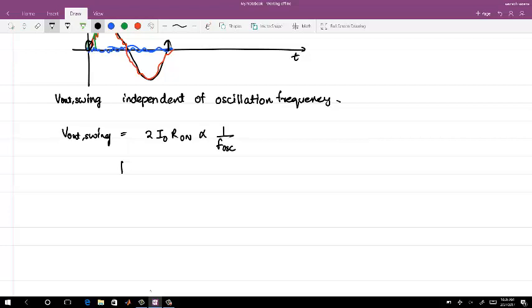will be, so let's say earlier I had this as a MOS in linear region, which is used as a resistor. So let me just draw this.